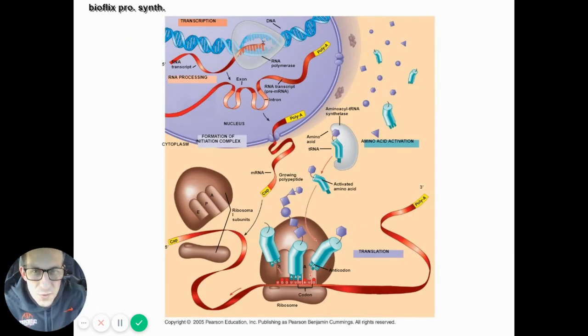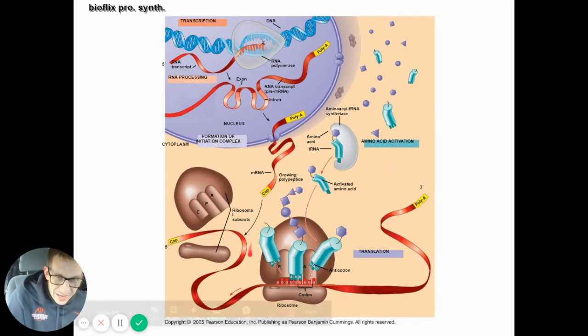All right. This picture here shows everything. I think it's a great picture to study from. You go all the way up here in the upper left where you have transcription of the gene. It also talks about RNA processing. It shows the introns and the exons here. Then we have our modified or processed mRNA leaving the nucleus.